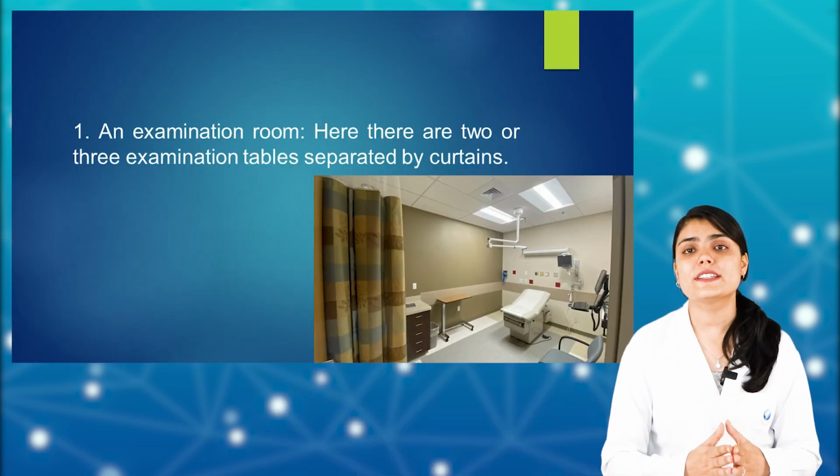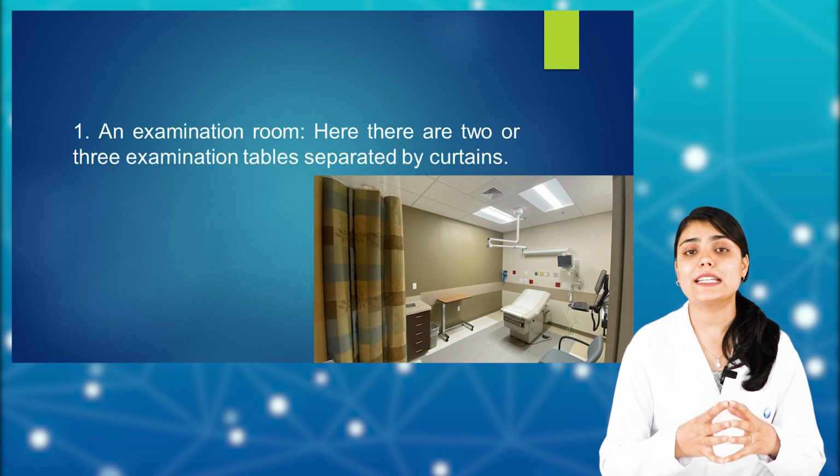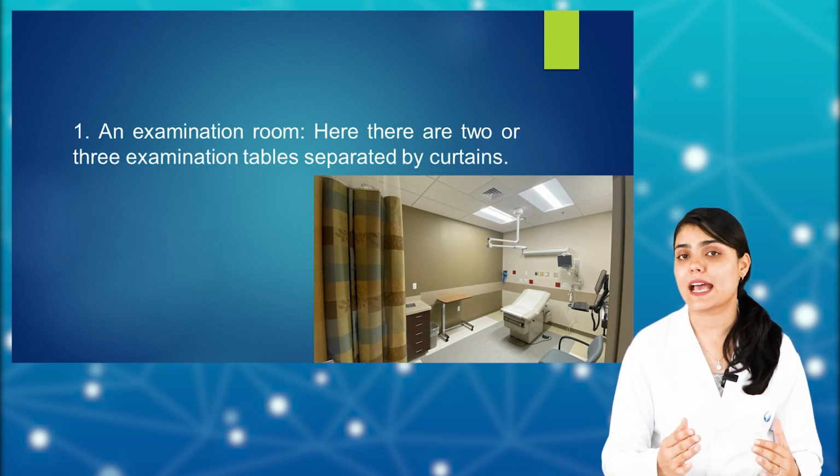So as the patient enters the emergency area, prompt actions must be taken, and therefore certain facilities are required in the emergency area to make sure that the emergency department functions smoothly. The first facility in the emergency department is an emergency examination room.